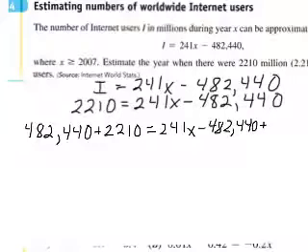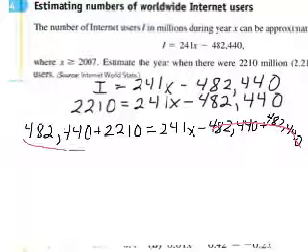I'll put it on an angle. 482,440. Okay, so these two cancel each other out, right? They're the inverse of each other. All right, so now we've got to add these two combined like terms. That's the next thing we need to do.